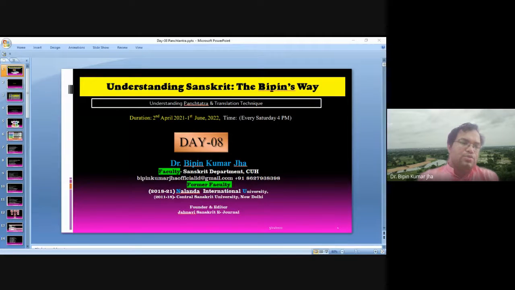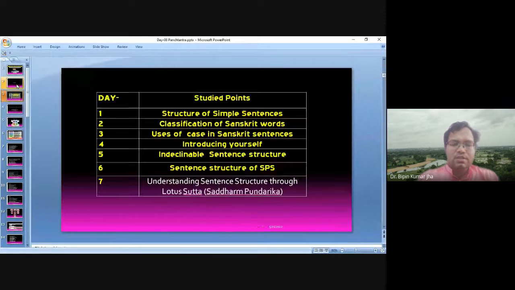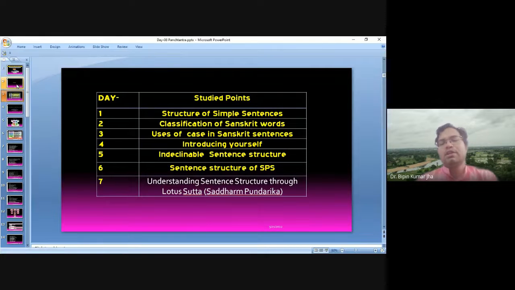So first of all, what we have studied in the last classes. There were total 8 classes, 8 Saturdays we have studied. In the very beginning, we started with simple sentences. After that, classification of Sanskrit words, where we studied Nam, Akhyat, Upsarga, and Nipat, in a detailed manner: what is Nam, a noun, pronoun, adjective.